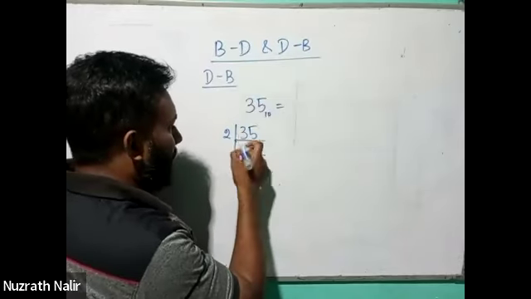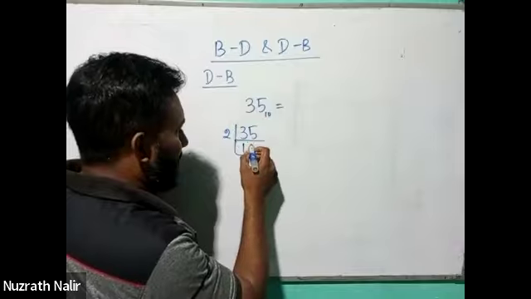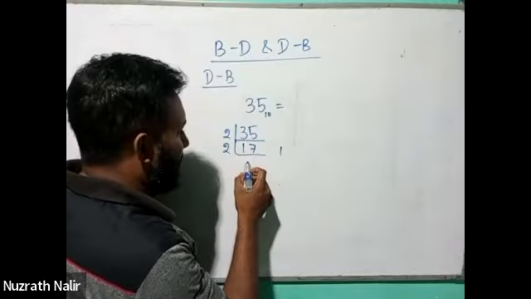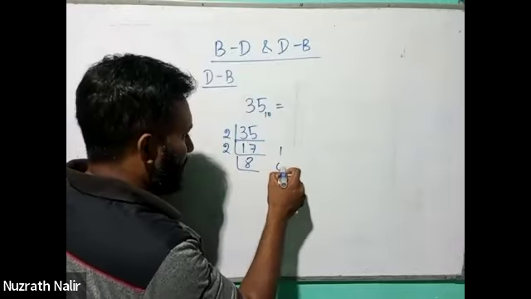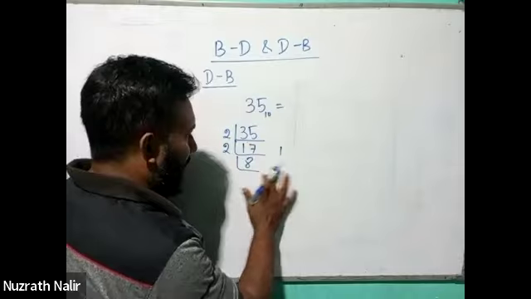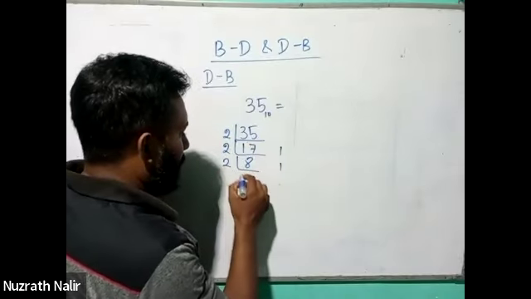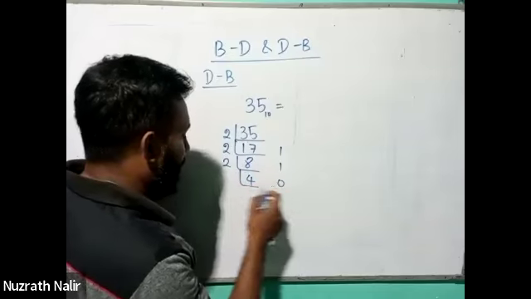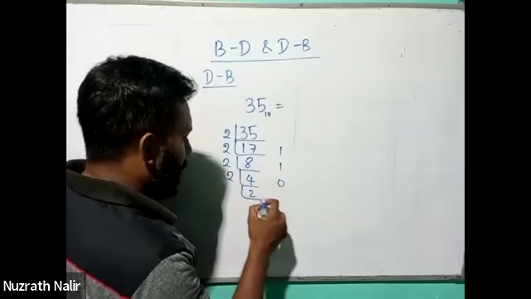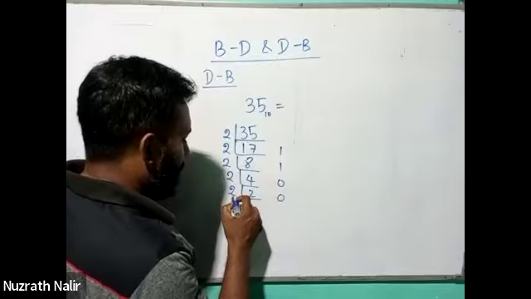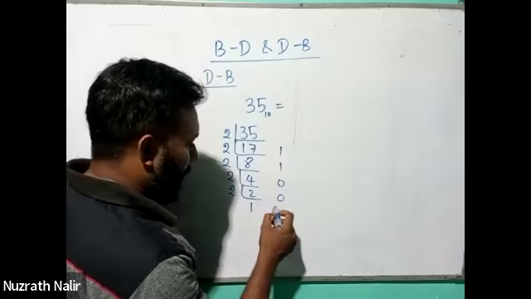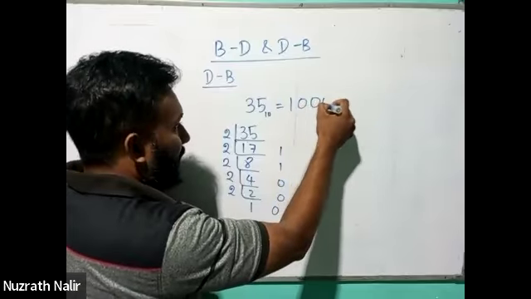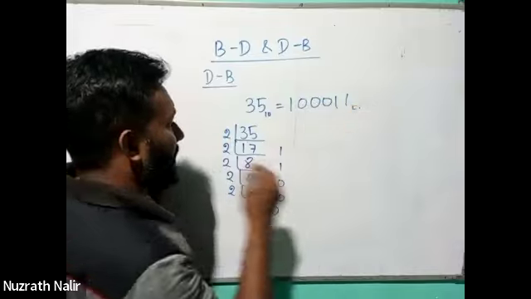Okay, 2, 1 time 15, then 7, 14, 1 balance. 2, then altogether 8, 16. 16, 1 balance. Then 2, 4 balance, 0, no balance. 4 and no balance. 2, 2, then no balance. 2, 1, no balance. So then it is equal to 1, 2, 3, 4, 5, 6.